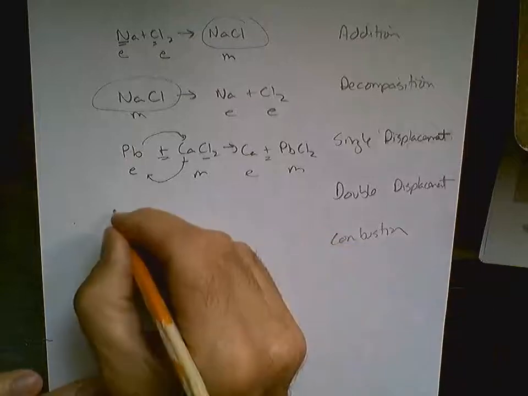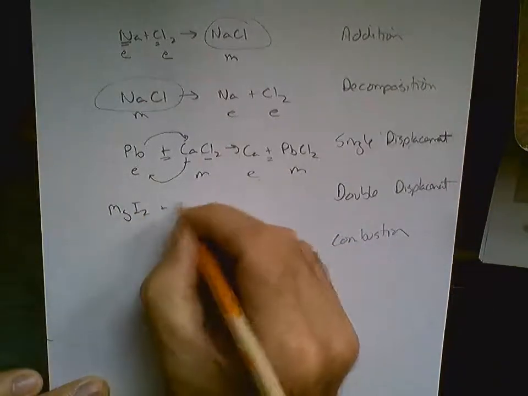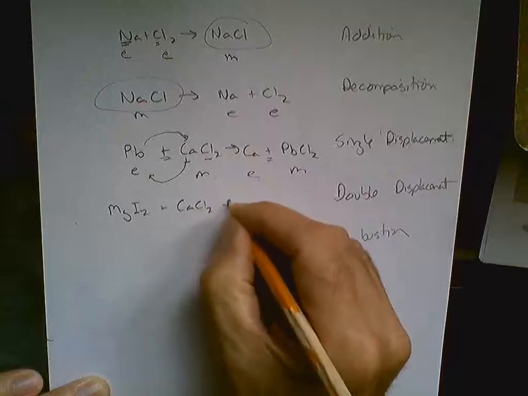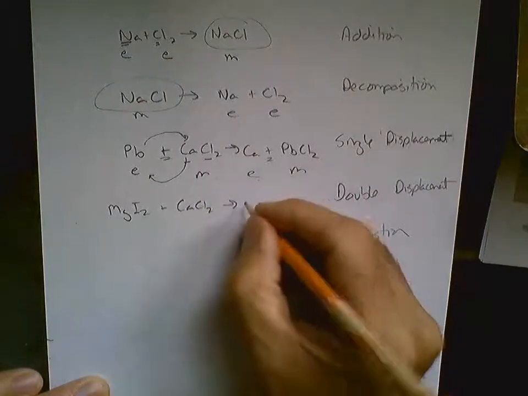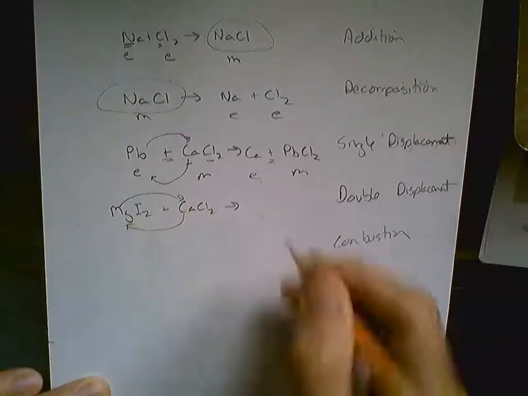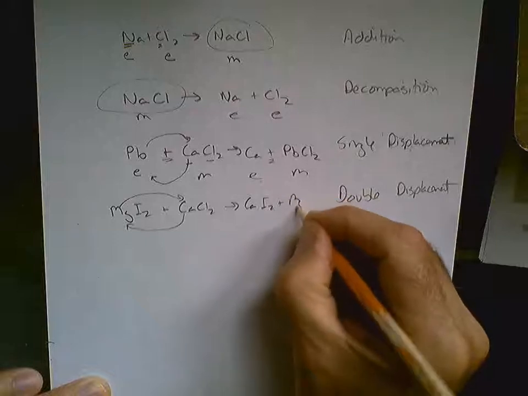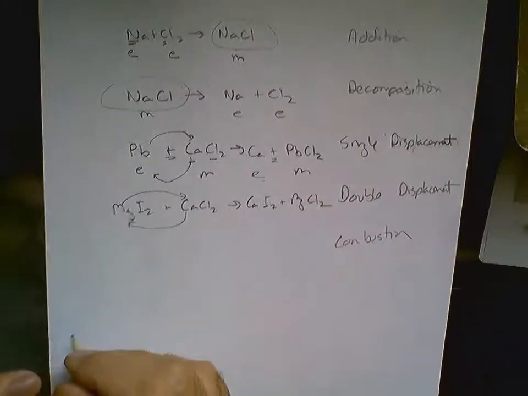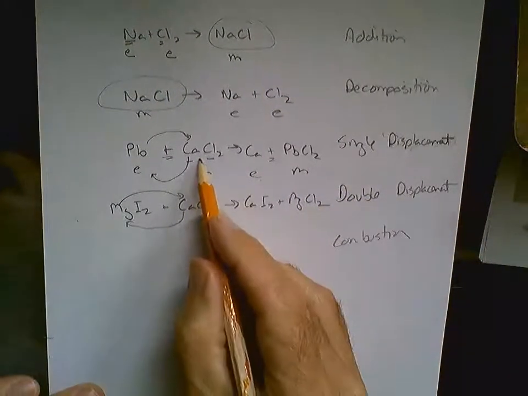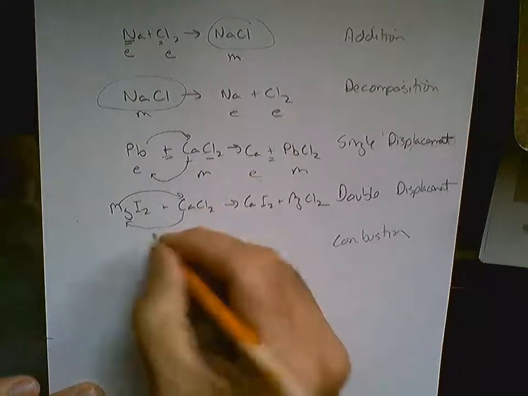A double displacement has two molecules in it. So what happens here is the two trade places again. So it's a lot like the single displacement, but in a single displacement you have an element and a molecule.